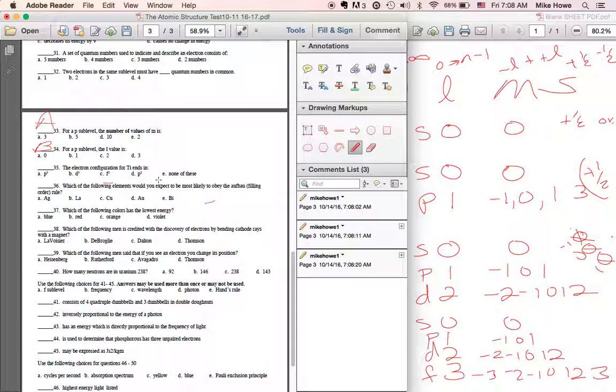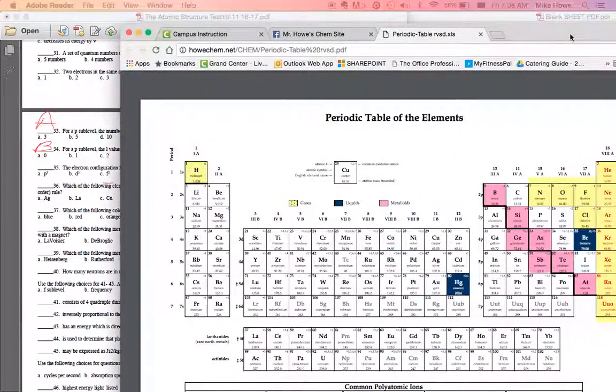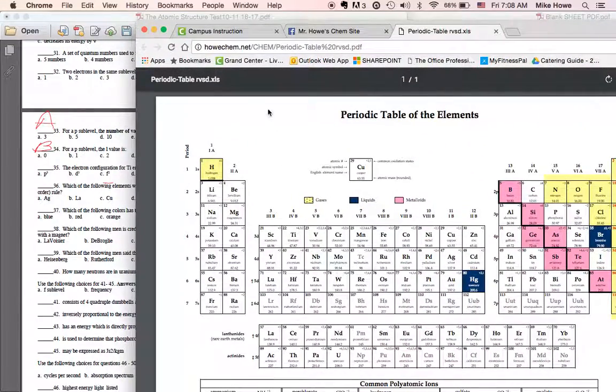The electron configuration of titanium ends in. All right, you look at titanium on a periodic table, it's right here, has 22 electrons.